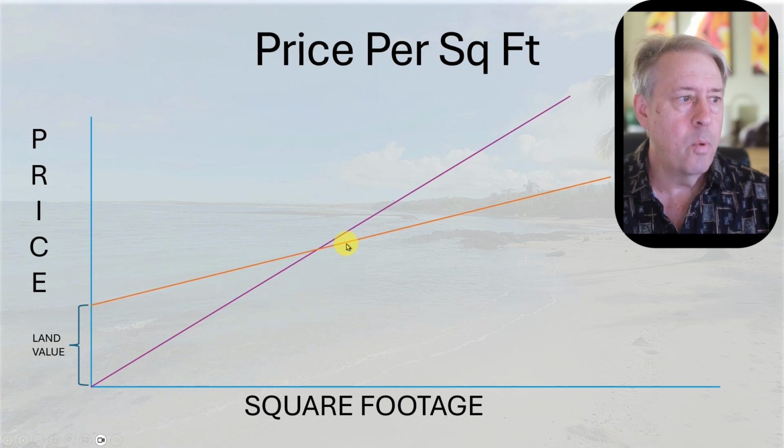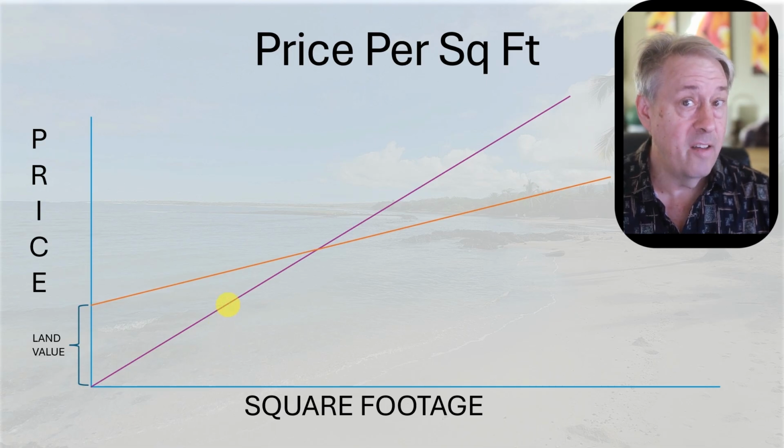And one could say, well, what difference does this make? There are 2 different lines on the chart. Why should I care? Well, you should care for the following reason. If you're down here at the lower end of the square footage, if you are on the purple line, the way you have been doing it, you are likely to undervalue low square footage homes. You can see the gap here between the 2 lines.